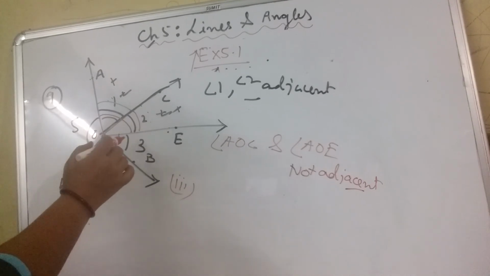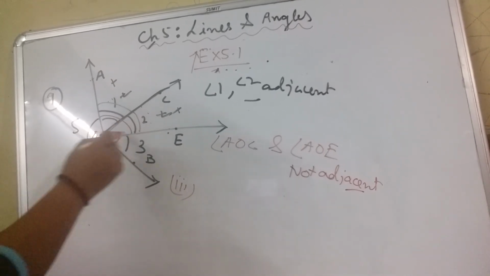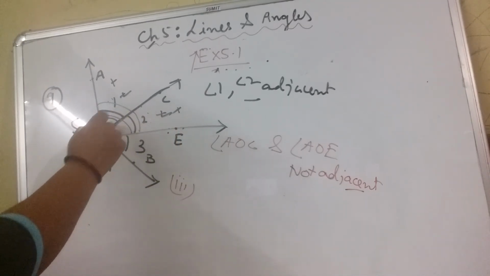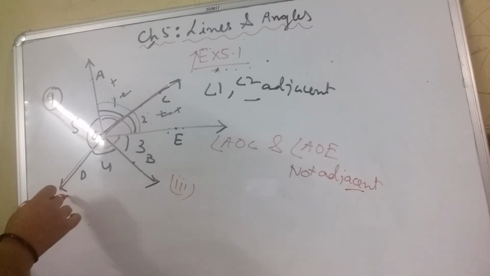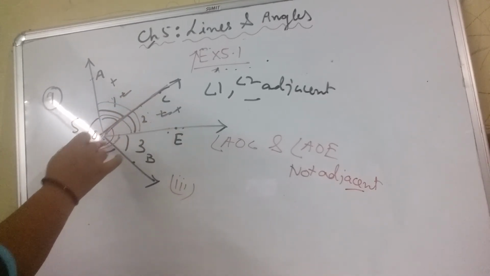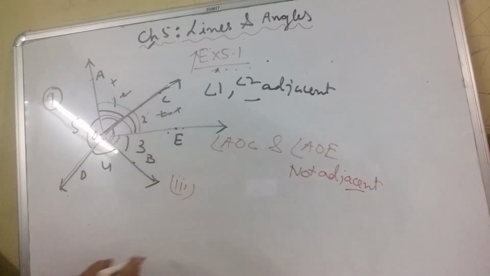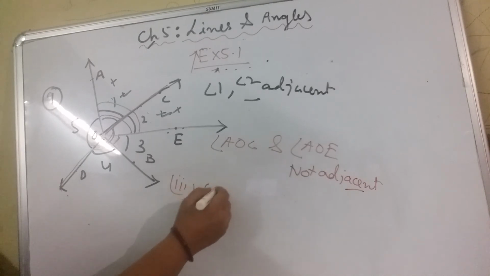Yes, because they are adjacent angles. They have a common vertex, a common arm, and the non-common sides or arms make 180 degrees, a straight angle. So they form a linear pair.